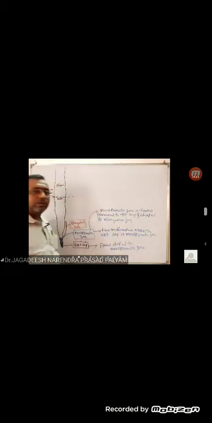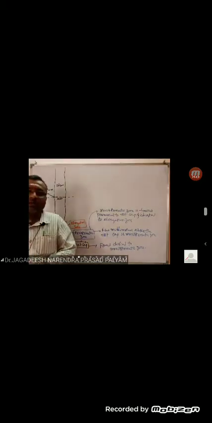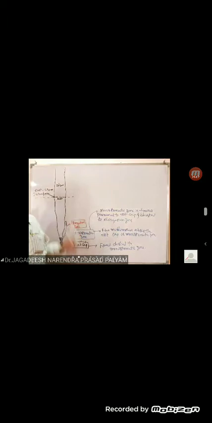These things are very, very important, and you have to remember them carefully. Only if you practice many times, you can remember them. Otherwise, it makes you confused in the examination. Proximal to elongation zone, proximal to root cap, distal to elongation zone. That is the location of meristematic zone.